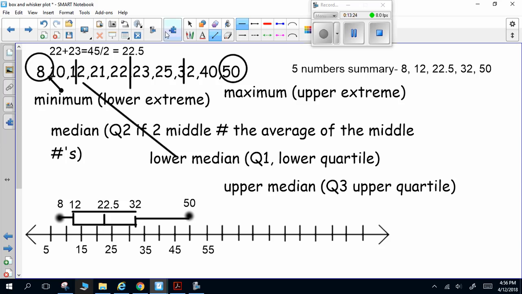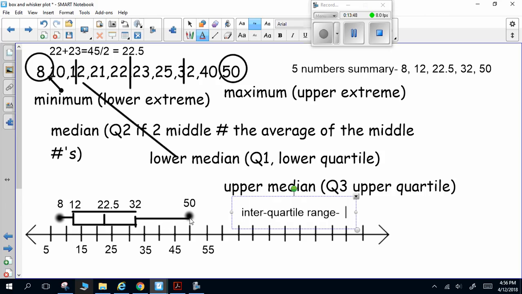The last thing that I would like you to write down, and we'll go over this more on Monday, I just want you to get these notes down. The last thing I want you to write down is something called the interquartile range. So a range of a set of the data is the difference between the highest and lowest number.